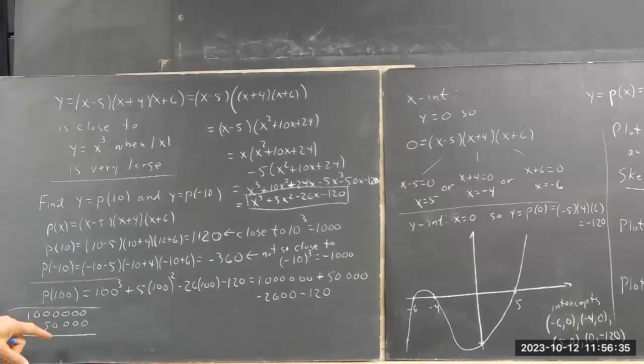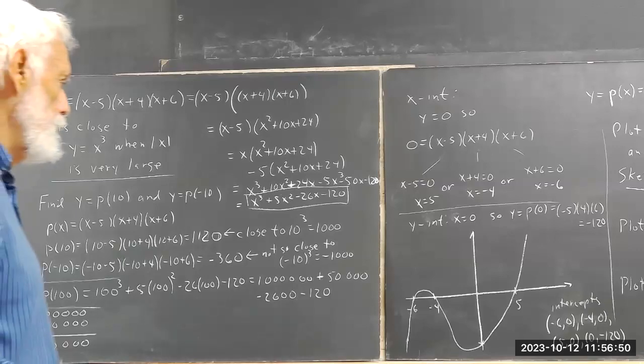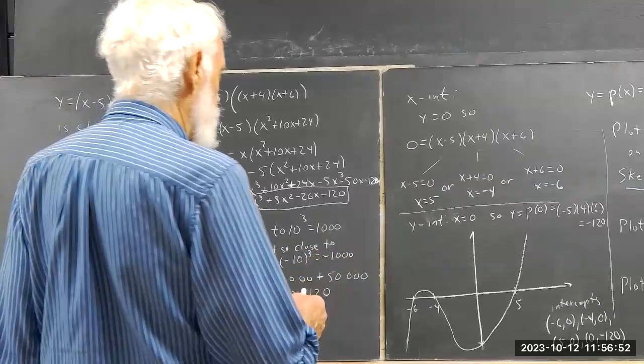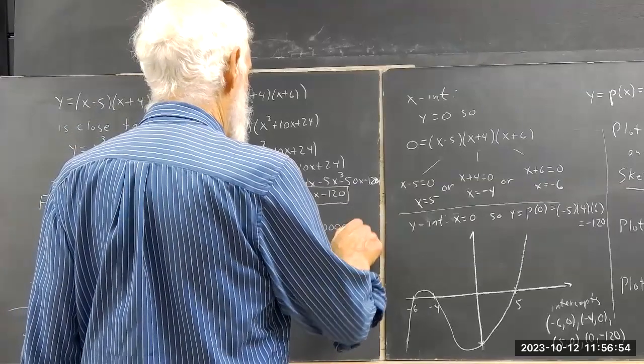I've got 1,050,000, right? I've got another mess up here.